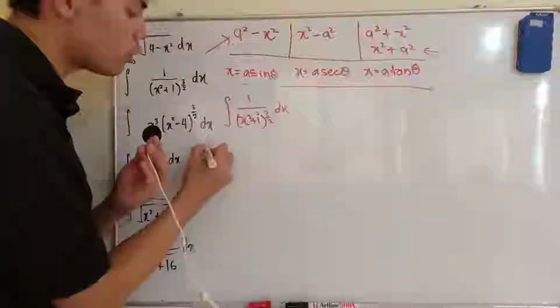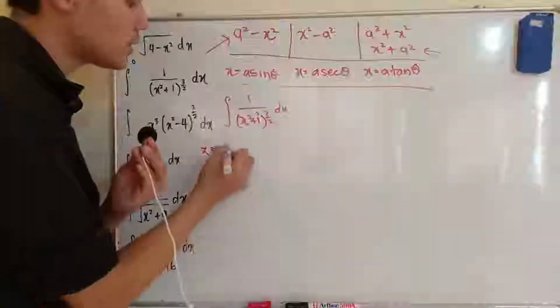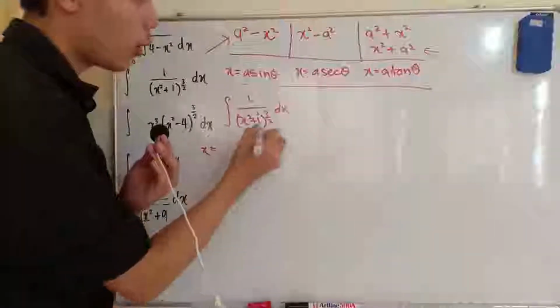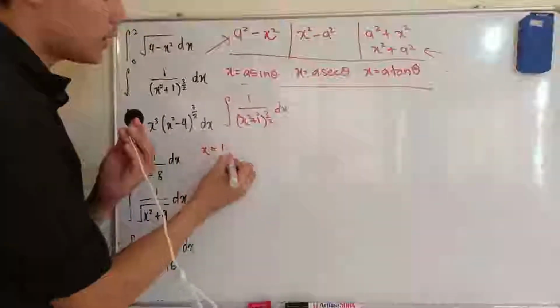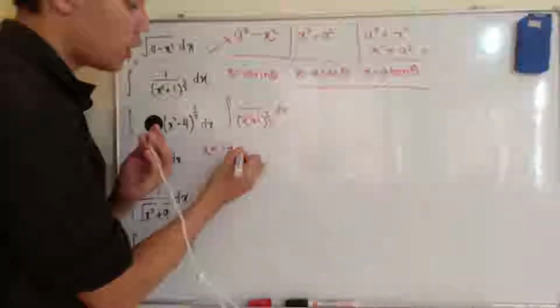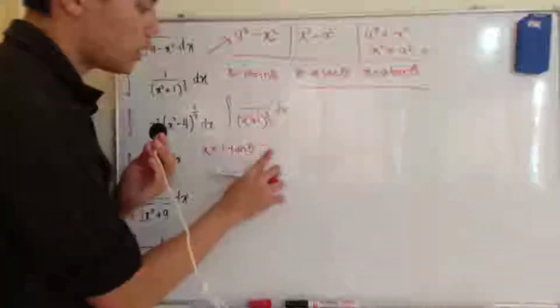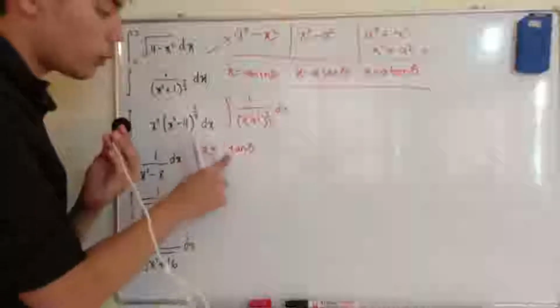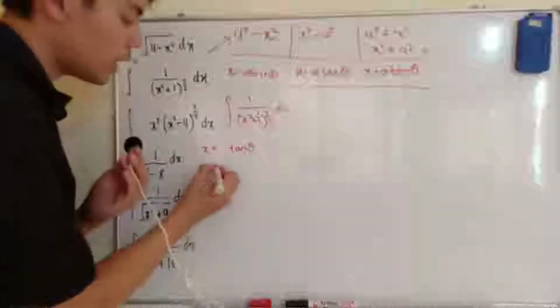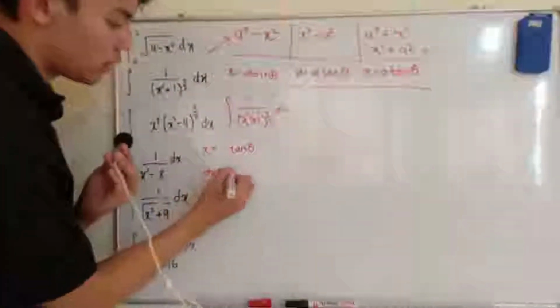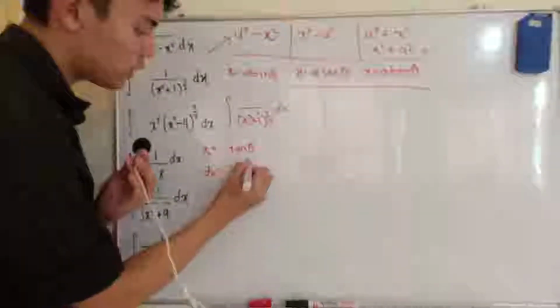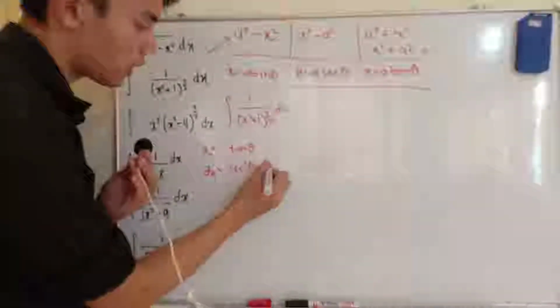What you're going to do is just substitute s equals a, which is 1, times tangent theta. So you don't write your 1 over here, just tangent theta, then you differentiate it. Tangent theta gives secant square theta d theta.